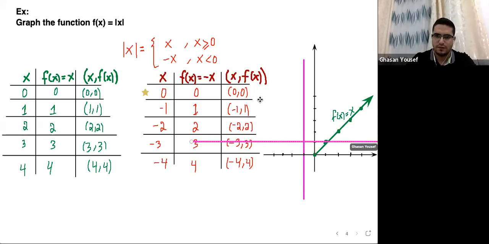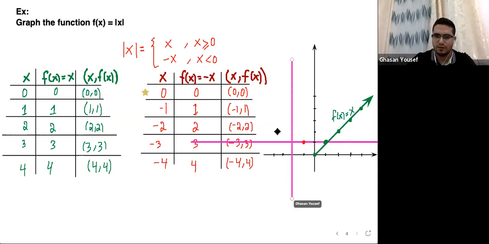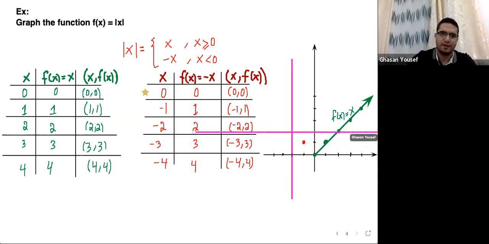This is the point. At minus 2 and 2, minus 2 and 2, again, like this. So actually the curve should be something like that.